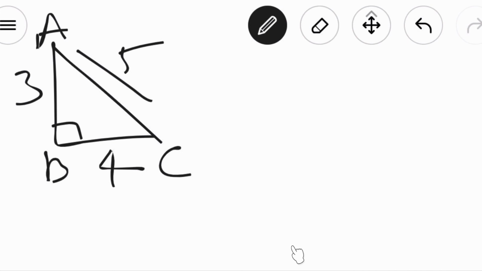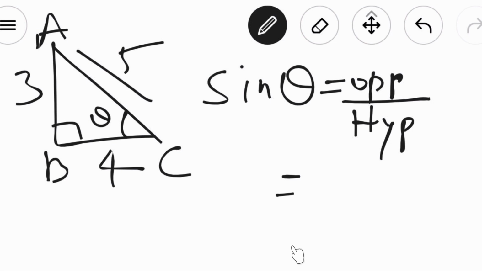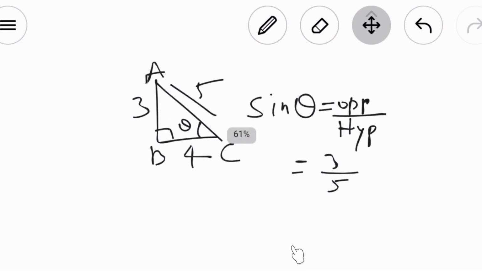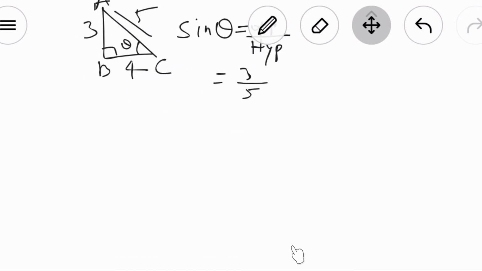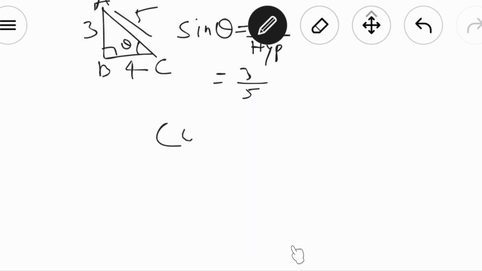So let's find sine theta first. Let's assume C is theta. So sine theta is opposite over hypotenuse, and that is going to be 3 over 5. Now cosine theta, the next one, is adjacent over hypotenuse.